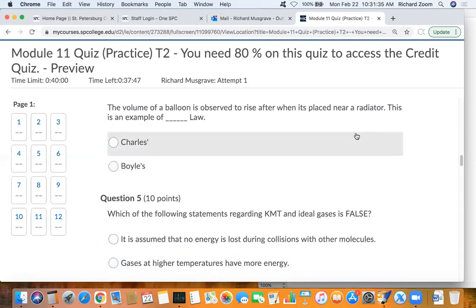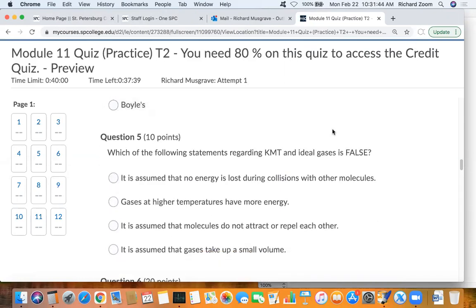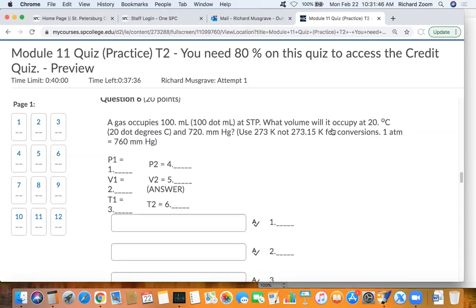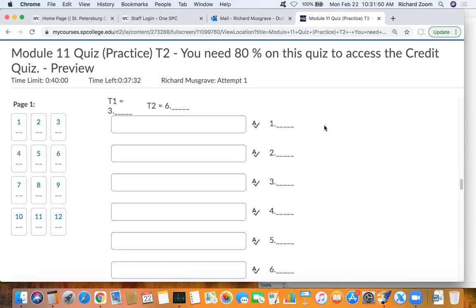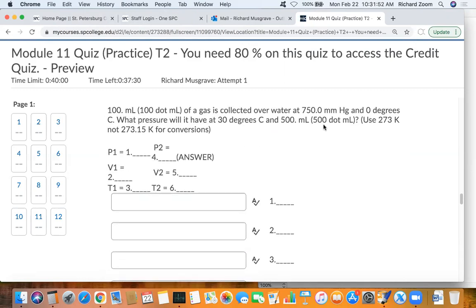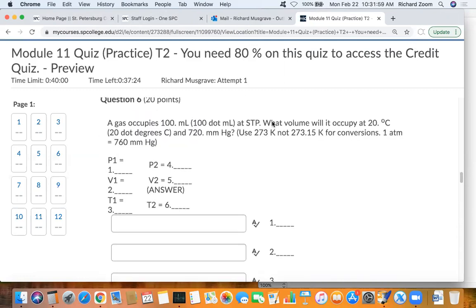There's some stuff here that requires you to read that first part of Module 11, which talks about Charles Boyle and the combined gas law. Then you've got these other problems where you have to type in the answers, very similar to what we were just doing. But again, make sure you take into account if it's collected over water or not. Sometimes it is, sometimes it isn't.